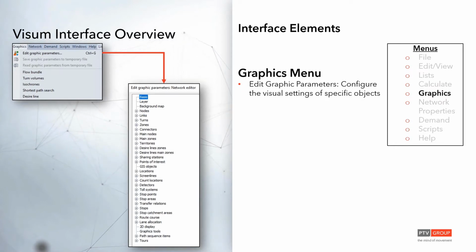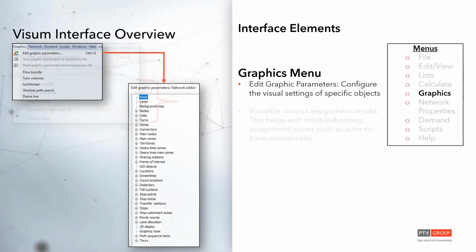So if you want to control how to display nodes on your network, or how to display links, or if you want to select a specific color scheme for zones, and so on, this is where you would come to edit graphic parameters, and it would give you access to all these settings.